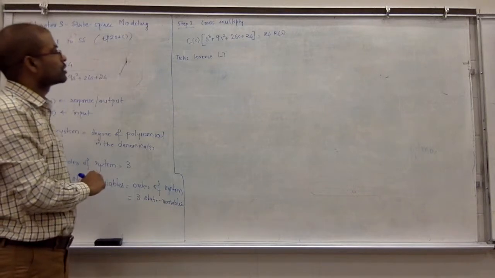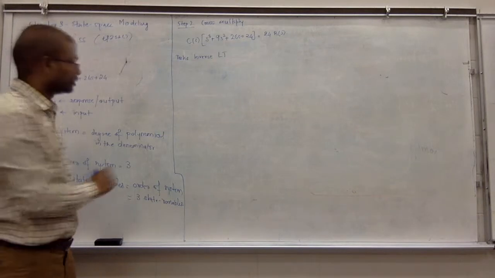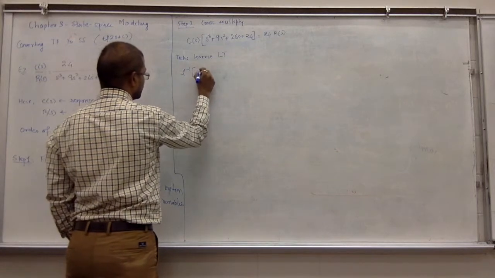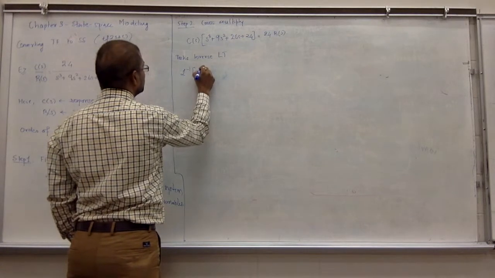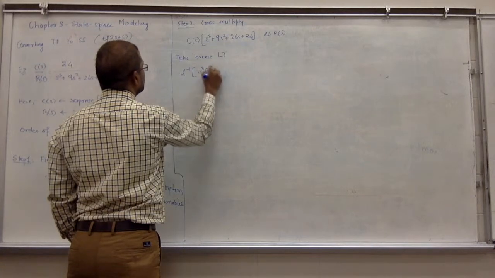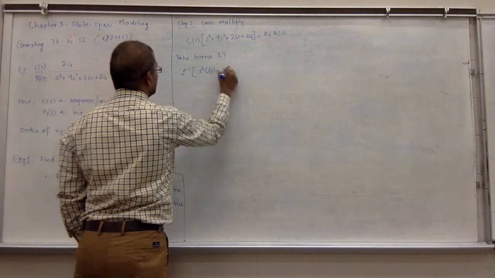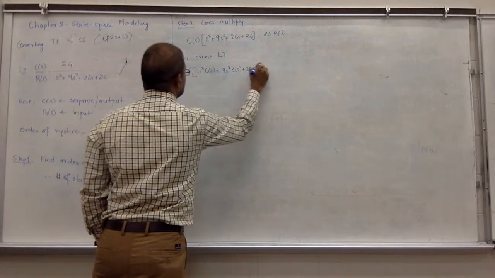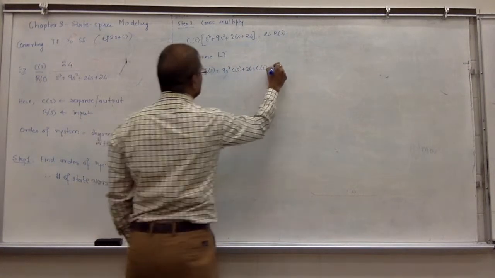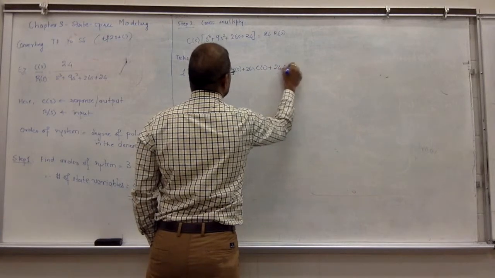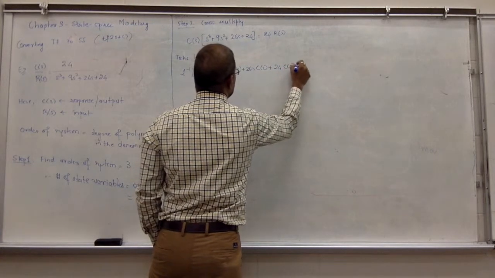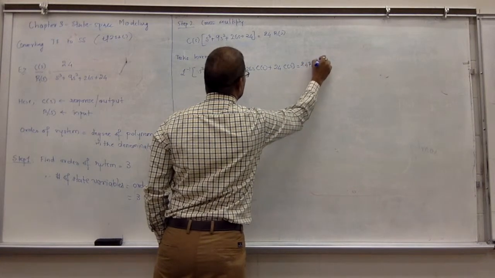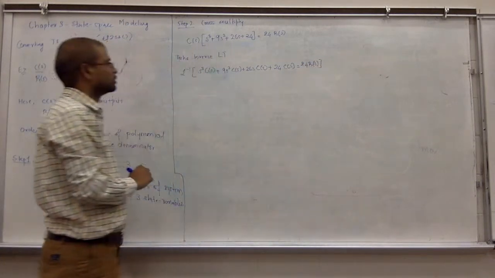What is the inverse Laplace transform of left hand side? We have S cube C of S plus 9S squared C of S plus 26S C of S plus 24 C of S is equal to 24 R. You need to take the Laplace inverse.